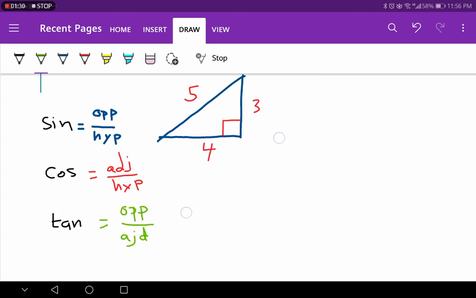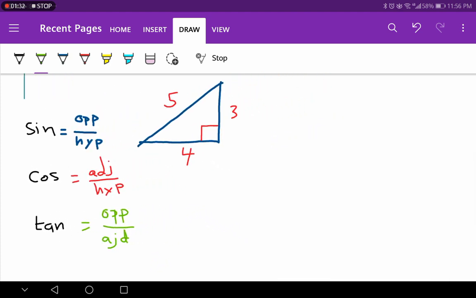And let us apply. As you know, if we have this x and this is y and this is z, and he asks you to find the sine of the angle x, you are going to apply opposite over hypotenuse.